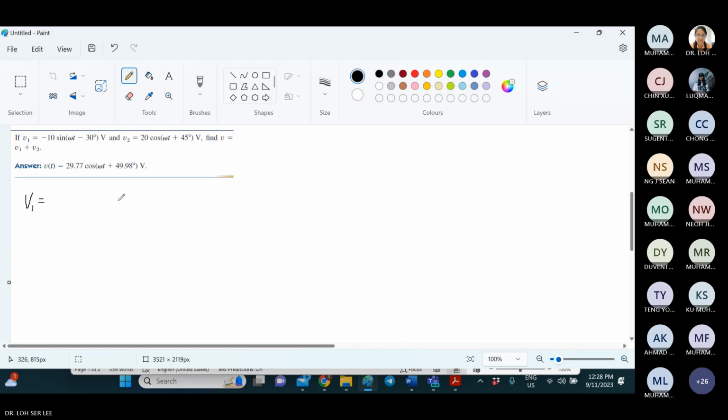V1. Oh, not yet, because this is negative sine. We have to change this one first. V1 in t is negative 10 sine wt minus 30 degree. So this one is negative sine, so we have to use the formula of negative sine A equals to cos, this is minus, so we have plus 90 degree.